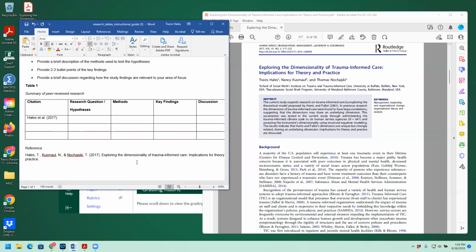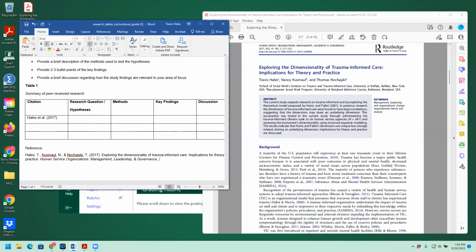Lastly, you put the name of the journal in italics and uppercase: Human Service Organizations, Management, Leadership, and Governance. And then you put a comma.